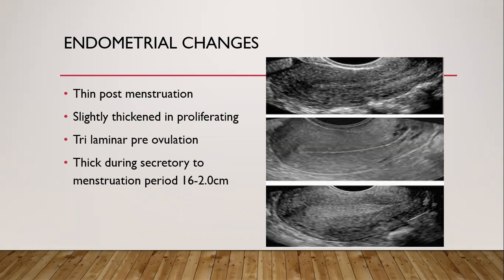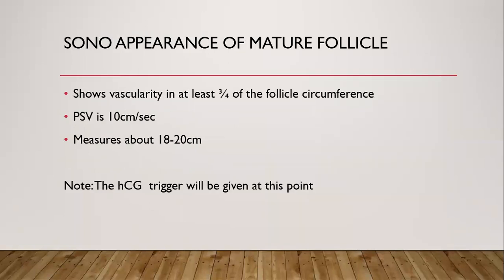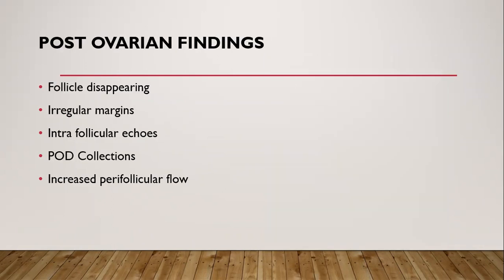However, if you reach secretory phase and you identify that you have a mature follicle, but the endometrium is less than 1 centimeter, then you should advise the doctor that the problem could be coming from the uterus as well, because the uterus does not prepare itself for implantation as the ovary is preparing itself from the other end.